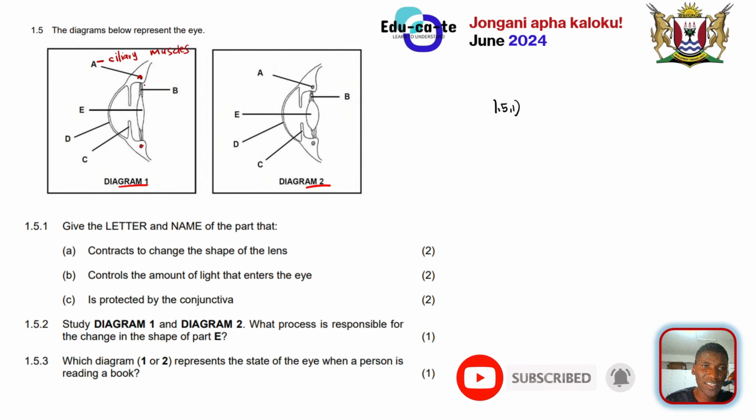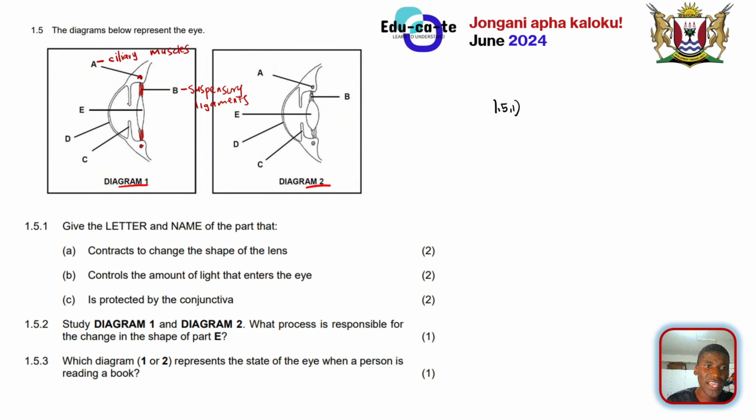Then structure B, connected to the ciliary muscles, we've got spindle-like fibers. They look like spindle fibers, but they're not really spindle fibers. They're known as suspensory ligaments.